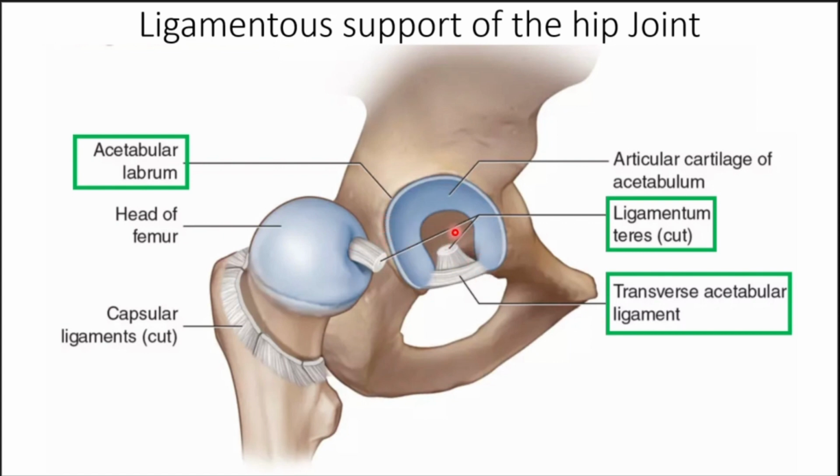The wedge shape of the acetabular labrum also assists in maintaining contact of the acetabulum with the femoral head. The transverse acetabular ligament completes the circle of the acetabular labrum by spanning the acetabular notch and forming a foramen for the passage of the ligamentum teres.